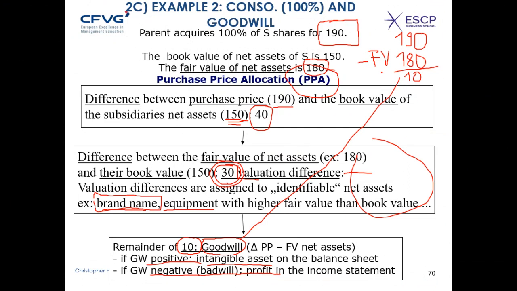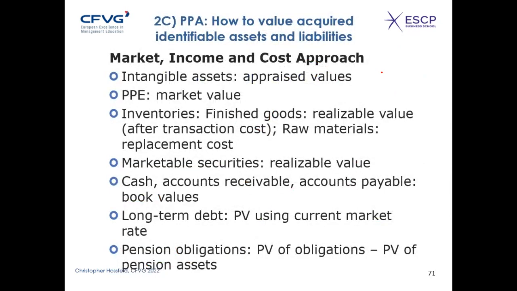Because before you make an offer for a company, you need to check out what type of values this company has, how much am I willing to pay. So obviously I checked the fair values of assets and liabilities before that. But now we are after the deal, and now I need to be very precise because I need to assign those new fair values to all assets and all liabilities of the subsidiary.